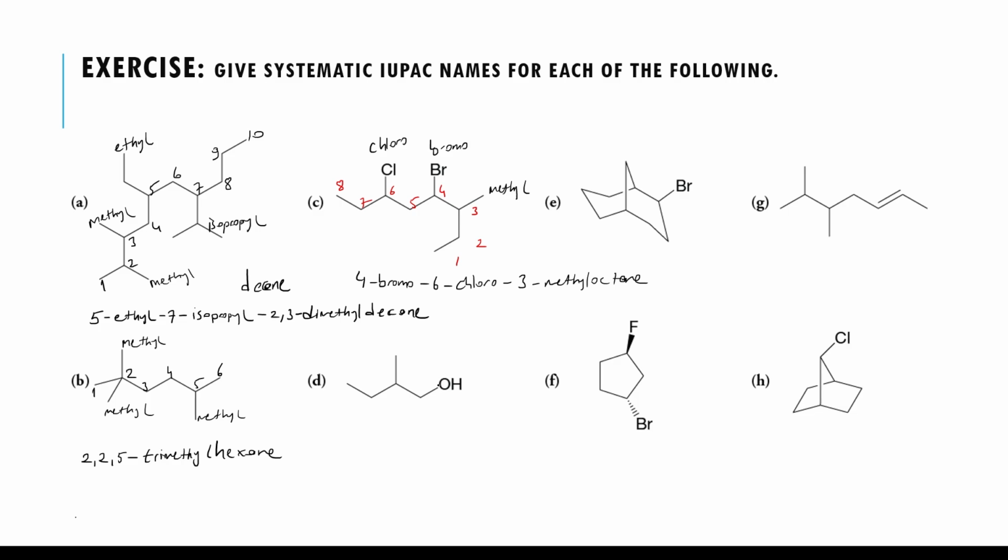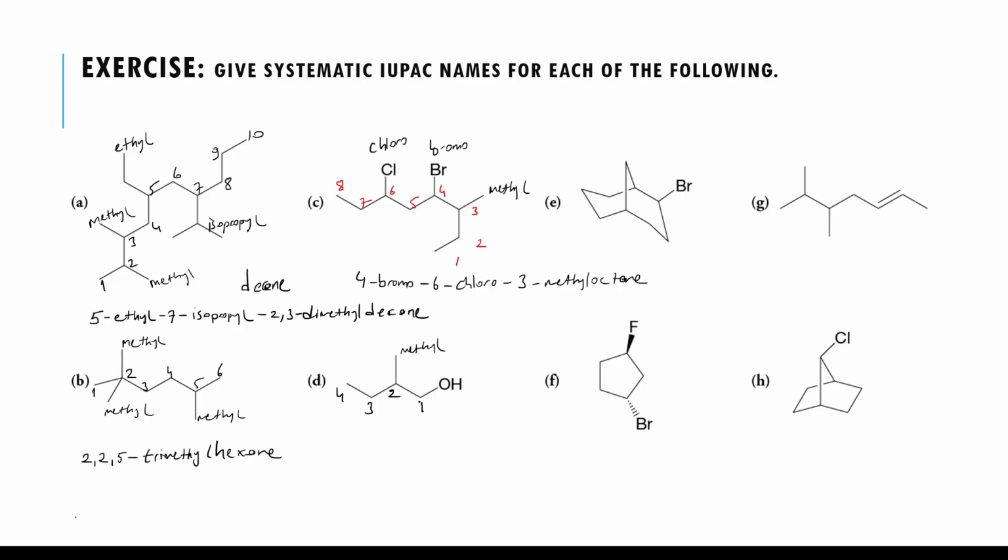This is an alcohol. When we have alcohols, we have to start numbering from the end nearer to the alcohol functional group. So we start from this carbon, numbering 1, 2, 3, and 4. The longest chain contains 4 carbons, and at the second position we have a methyl substituent.